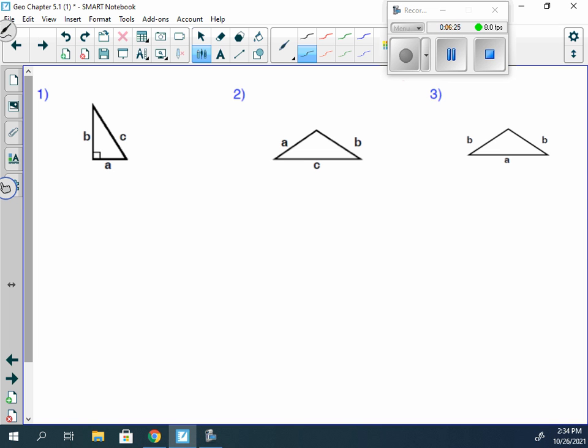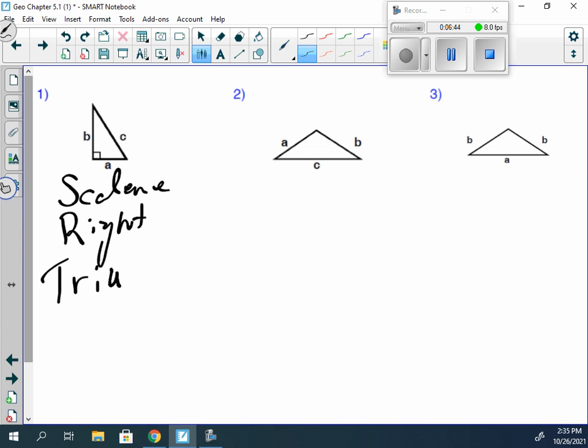So let's look at this one here, the next one, number one, triangle number one. We're given side lengths A, B, and C. And we have a right angle marker. So what can we name it based off the sides and angles? Scalene right triangle. Right scalene would work as well. I know someone did say right scalene, and that is the correct answer.